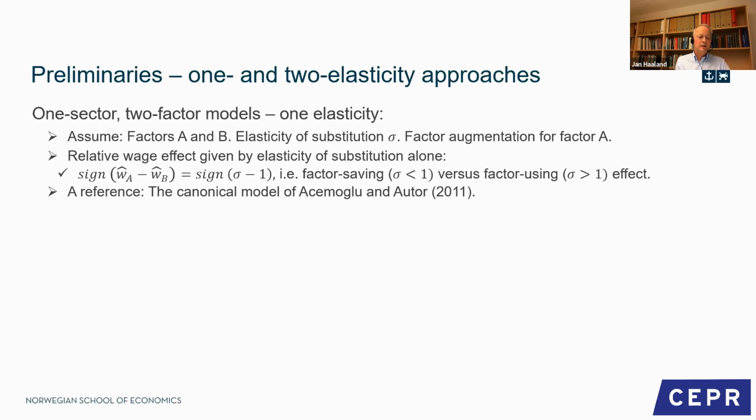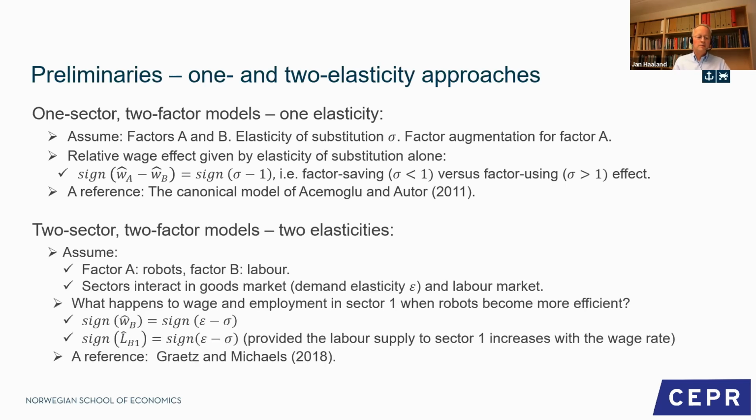If we look at, say, two or more sectors and two factors, then another elasticity comes into the picture. Then basically sectors interact in the goods markets and in the labor market.